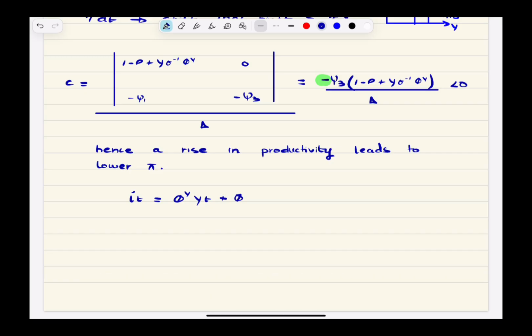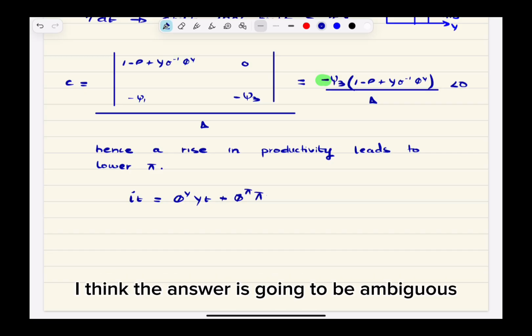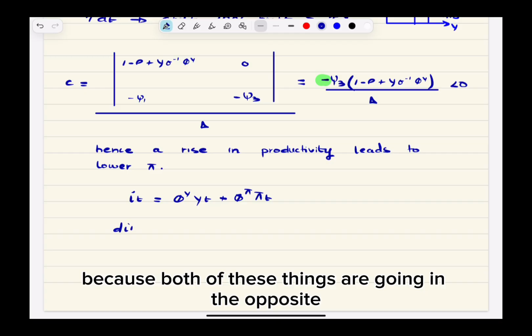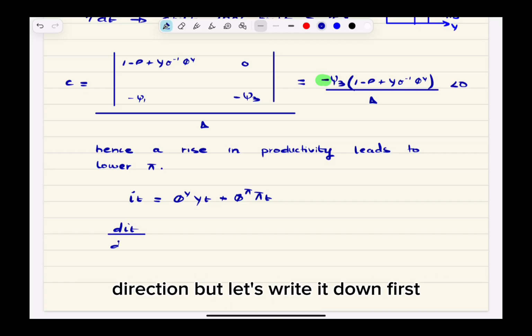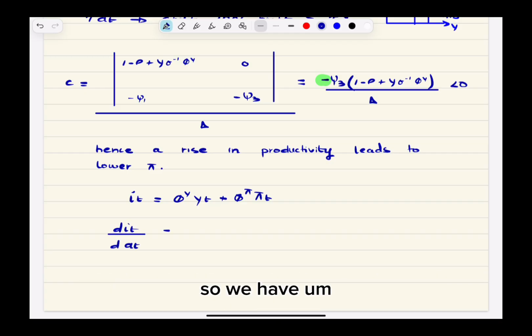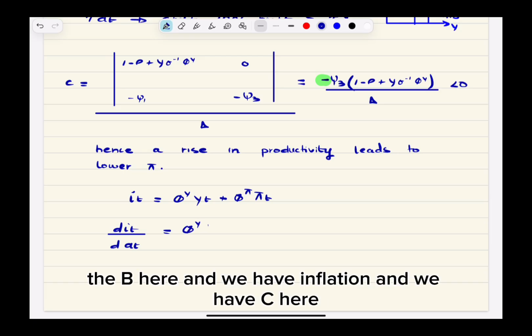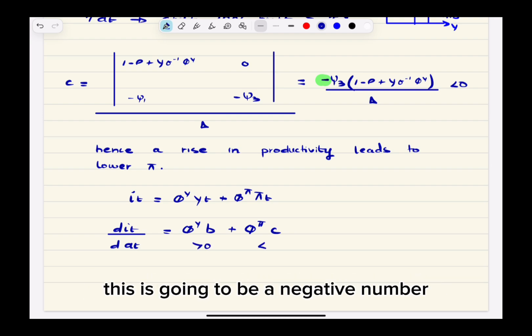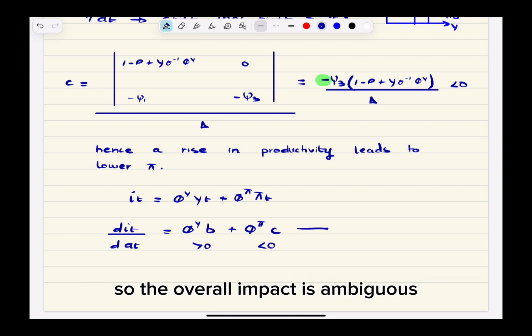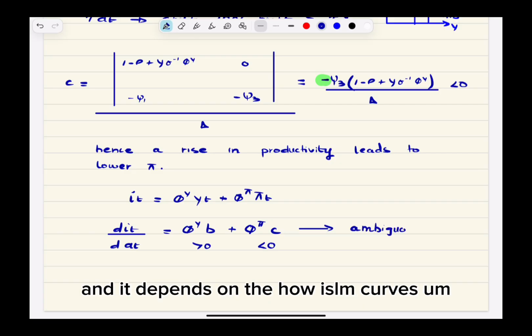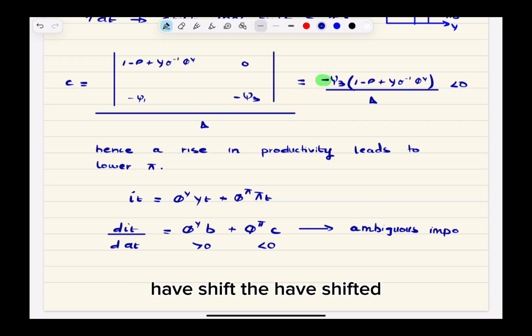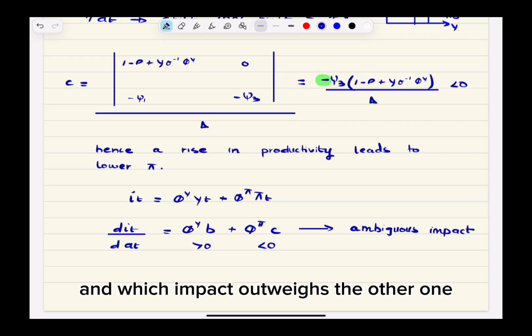And I think the answer is going to be ambiguous because both of these things are going in the opposite direction. But let's write it down first. So we have the B here, and we have inflation, and we have C here. Yeah, this is going to be a positive number, this is going to be a negative number.